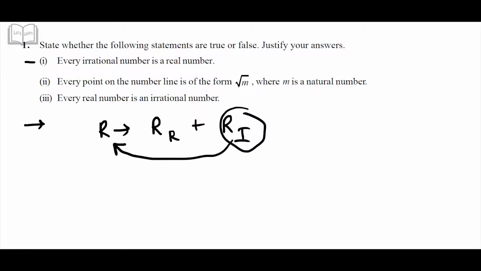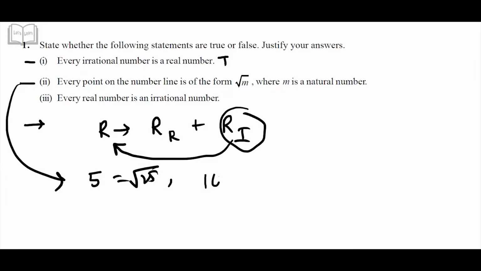So this is true. The second statement is: every point on the number line is of the form root m, where m is a natural number. So what do you think? We can write 5 as root 25, it is fine. We can write 10 as root 100, it is fine. So all positive numbers we can write in the form of root m. But the problem is with negative numbers.